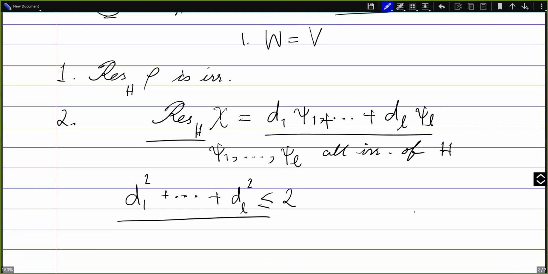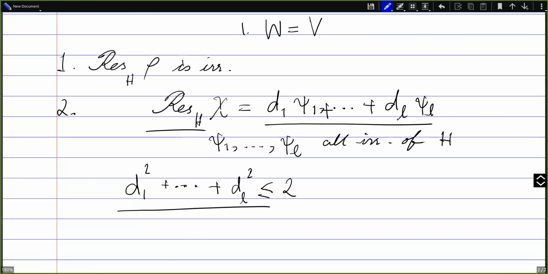If exactly one di is 1, the restricted character is just equal to some irreducible character of H, so that becomes irreducible, which is already taken care of in the first case. Therefore in the second case it cannot happen that exactly one di is 1 and the rest are 0. Rather, there will be di and dj for i not equal to j, which are 1 and 0 elsewhere.